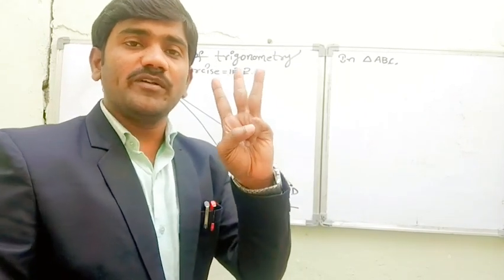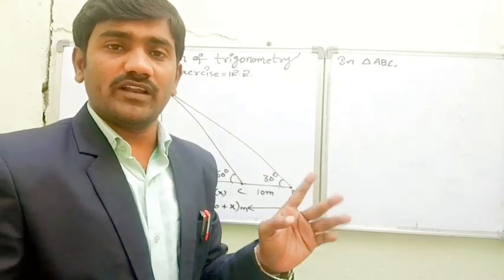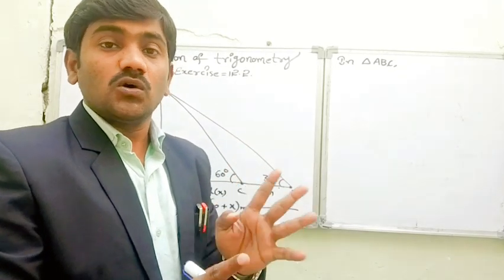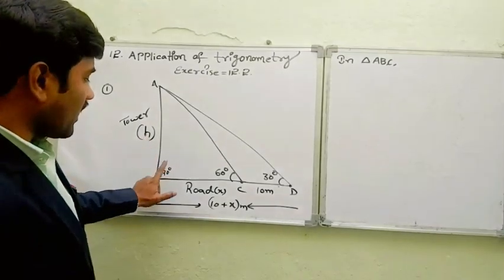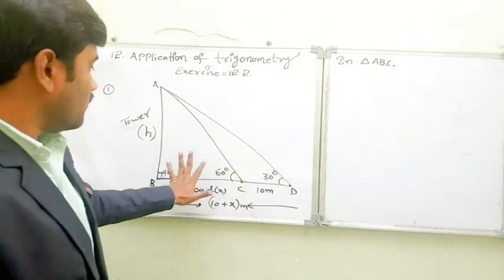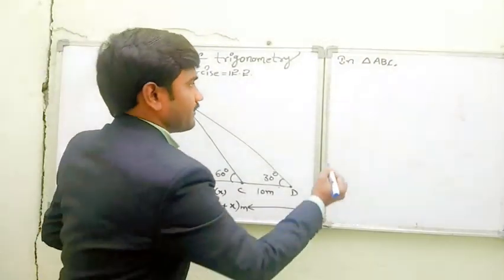Only these three trigonometric ratios we will use in this application of trigonometry: sine, cos or tan. So what is given, what we need to find. We need to find out the height of the tower and road. Only we use tan now, opposite by adjacent side.